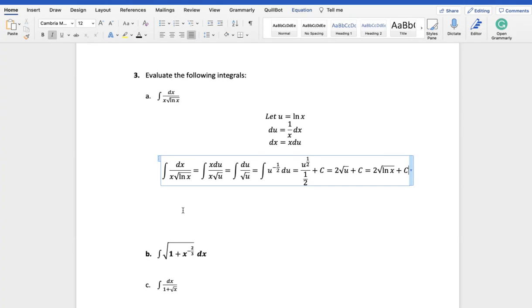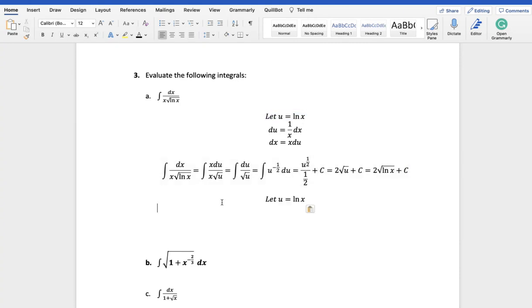Okay. So let me ask you, would there be any other u substitution that could work to solve this integral? This is just a question that I'm asking you guys to see how you think about this.